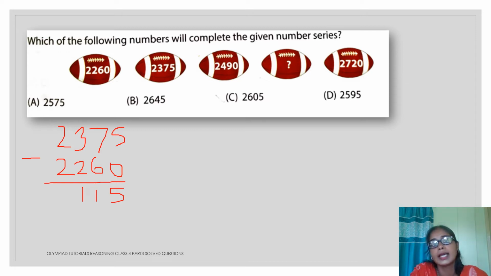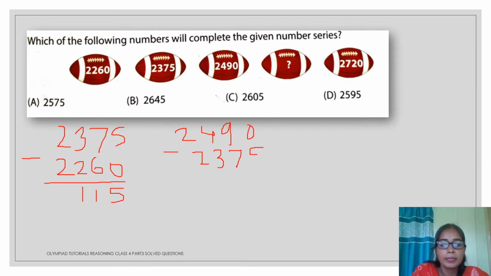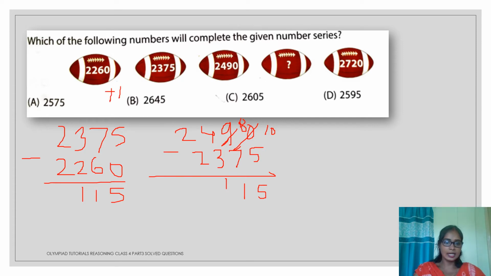Similarly, see the difference between the second and third numbers. Then you'll easily get the relation between them. If you go on checking, you will find you just add 115 to the present number to get the next number.